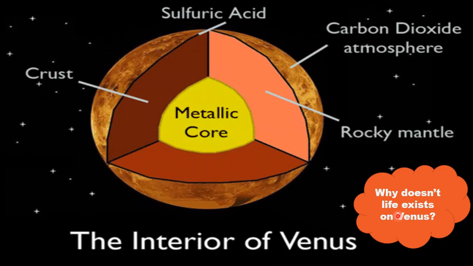That's why life exists only on planet Earth. On other planets life is not there because of some other reasons, but on Venus it is due to the sulfuric acid atmosphere. See, here is the sulfuric acid. That's why life is not there on Venus.